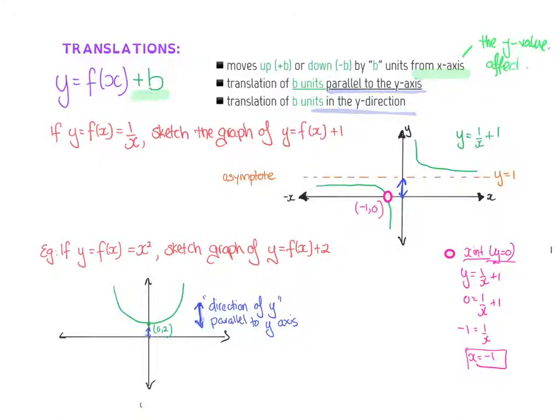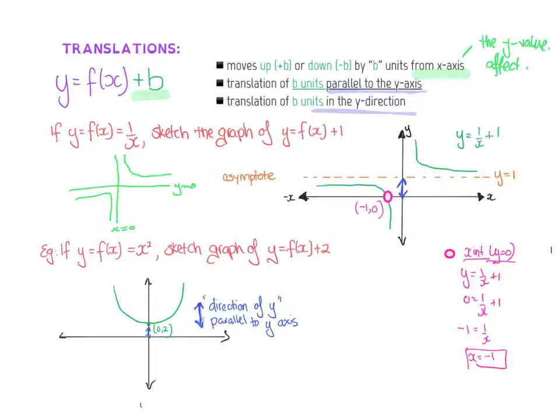Because if we have a look at our example just here, if we sketch the original y equals 1 over x, we would see this where it's asymptoting on y equals 0 and x equals 0.